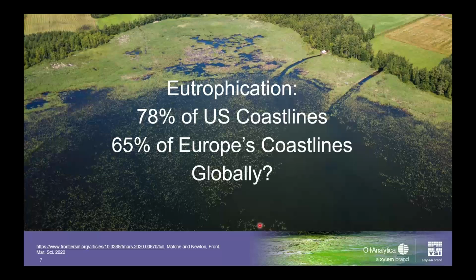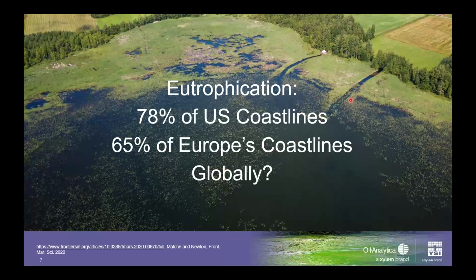We already know that freshwaters around the world are carrying nutrients from a number of different sources, whether it's agricultural runoff, fertilizer runoff, human and animal waste, and those streams, rivers are carrying those things straight to our coastlines.